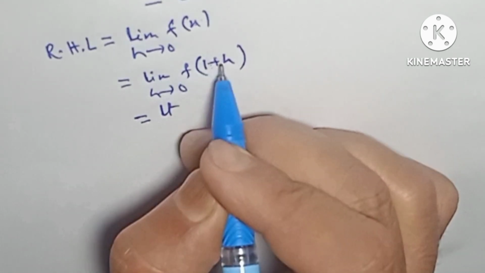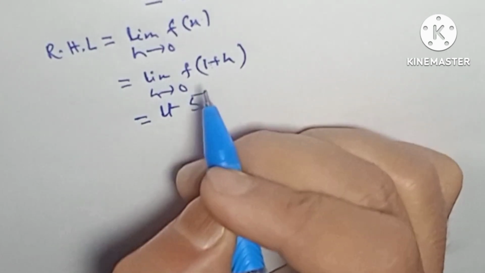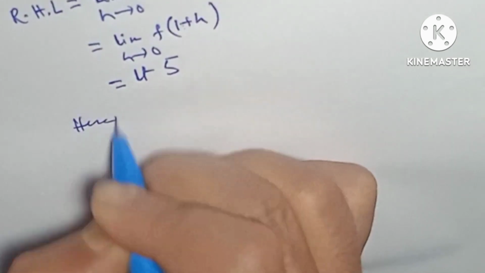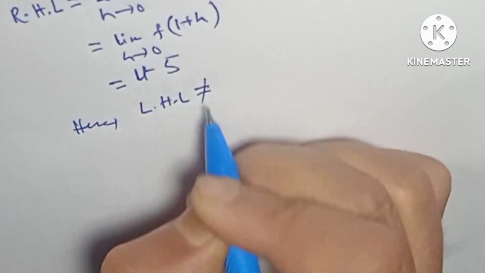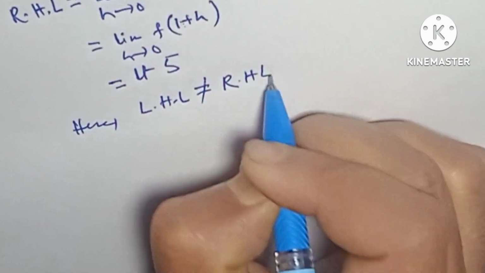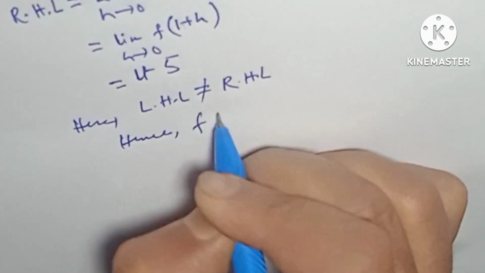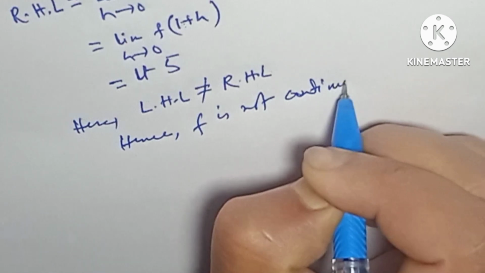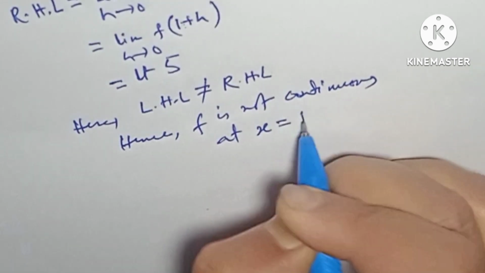That means x is greater than 1, so f of x is equal to 5. Here left hand limit does not equal right hand limit. Hence, f is not continuous at x equal to 1.